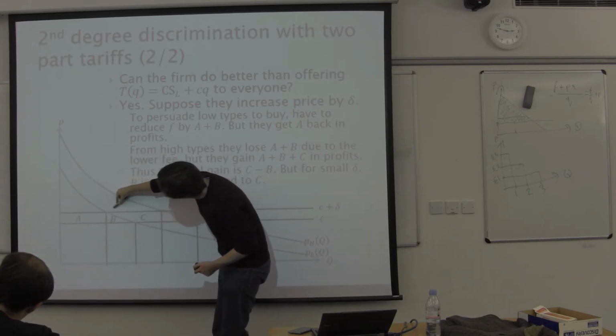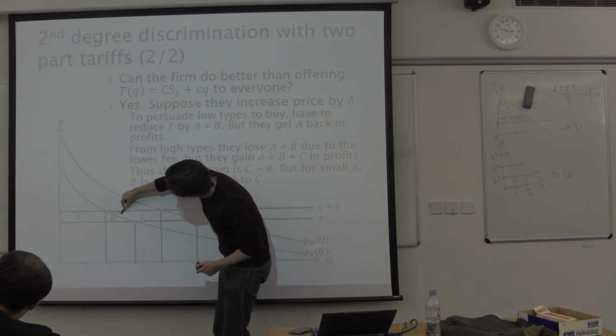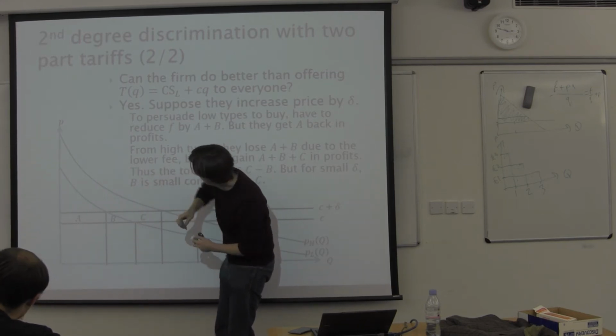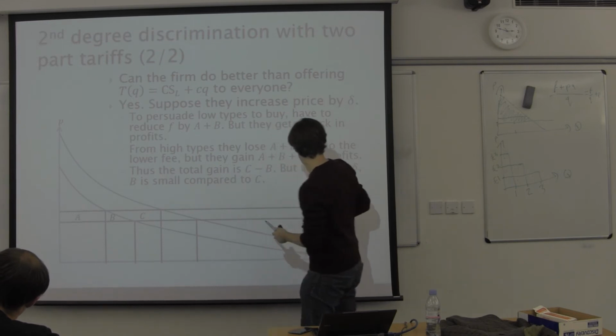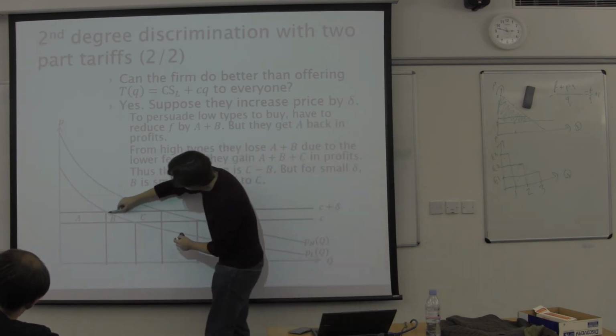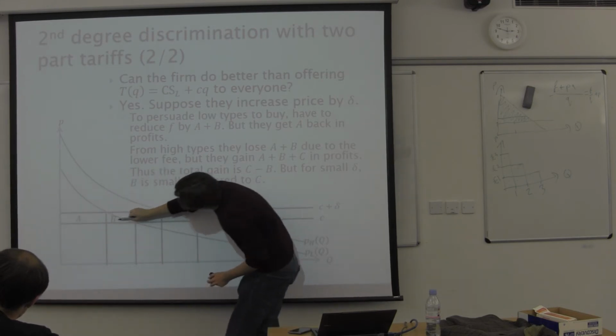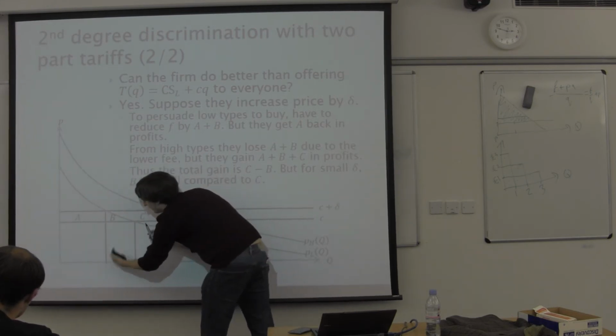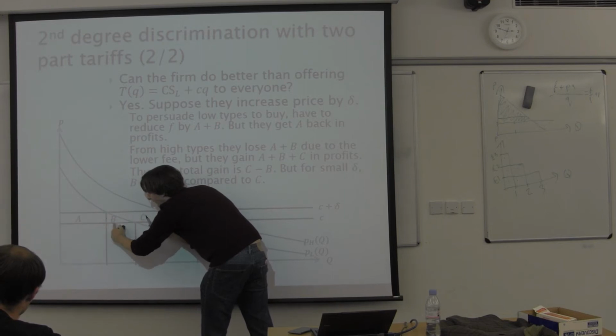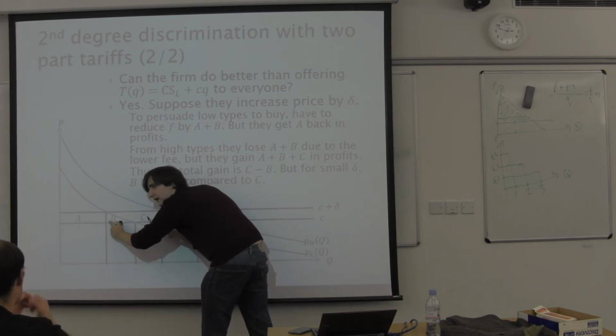Imagine this line was very close. So imagine this line was here, so delta was very small, and this line has gone across to there, this point has gone down, so B would be a tiny triangle like that.